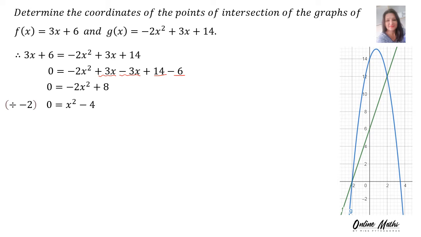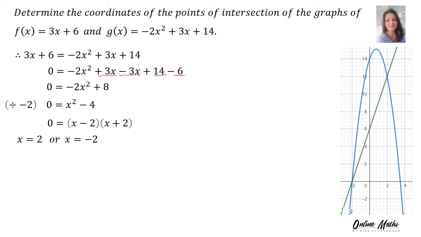Therefore, 0 is equal to x squared minus 4. Then that is the difference of two squares, and you can factorize and it becomes 0 equals bracket x minus 2, x plus 2, and then when you solve x is 2 or x is minus 2.